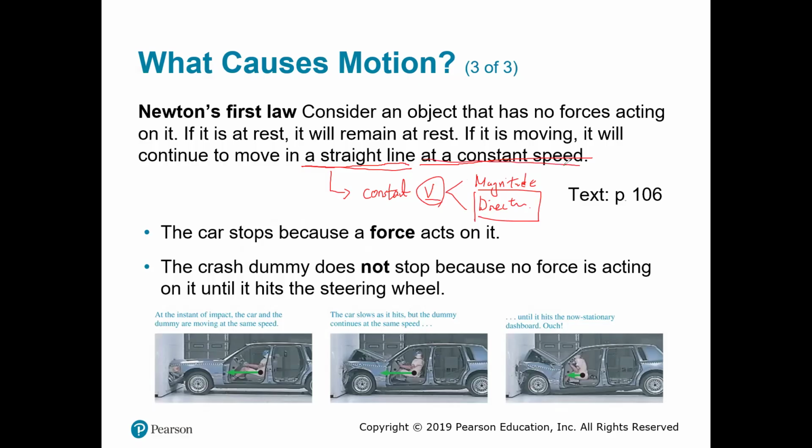And at a constant speed means there's no magnitude change. So if there's no force, it will move at a constant velocity. That's Newton's first law. Again, if there are no forces acting on the object, if it is at rest, it will remain at rest. If it is moving, it will travel with a constant velocity.